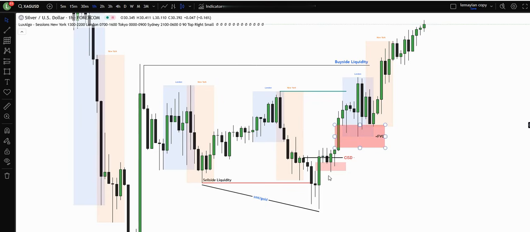Stop loss either below this swing low or slightly below this order block. Most of the time you realize if you place your stop loss there, it might get tapped. So sometimes you have to, but according to your risk to reward, you know where exactly you can place your stop loss. So this is London.